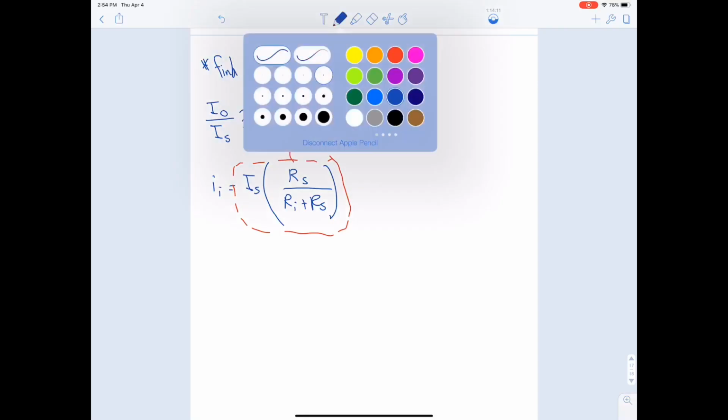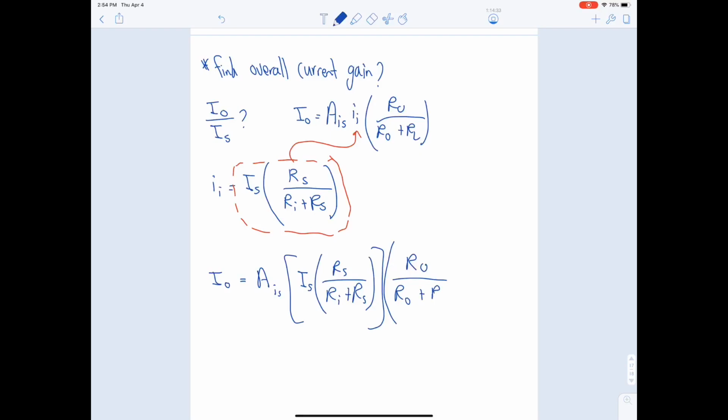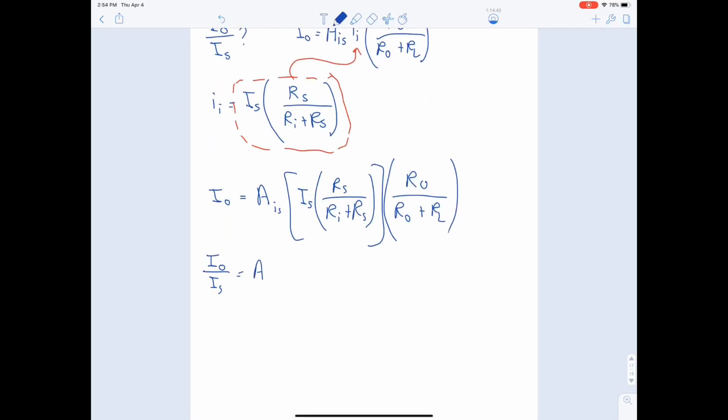So the final answer will be IO is equal to AIS open square brackets IS multiplied by RS over RI plus RS, closing the square brackets, and then we can continue. It's RO over RO plus RL. But the question was to find IO in terms of IS. Dividing the IS term will result in the following.